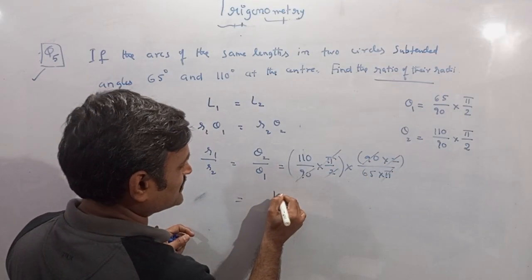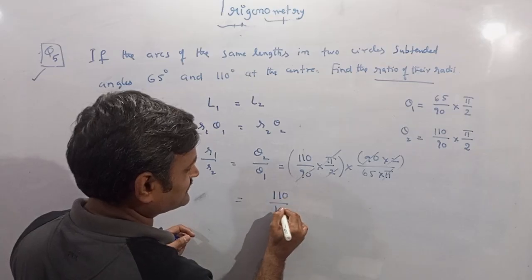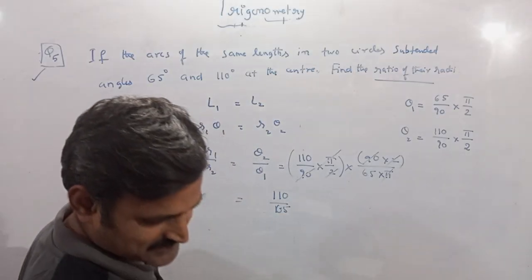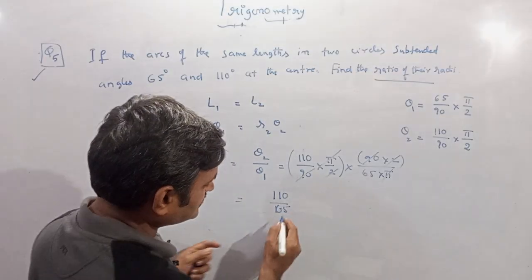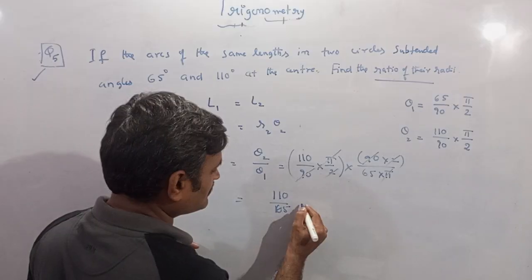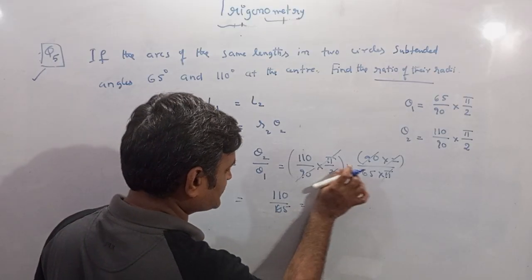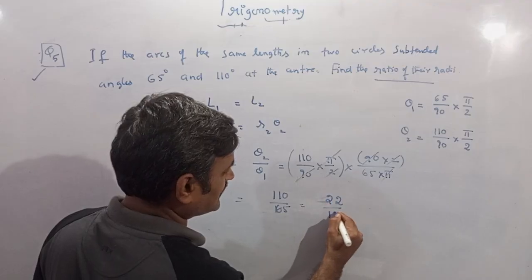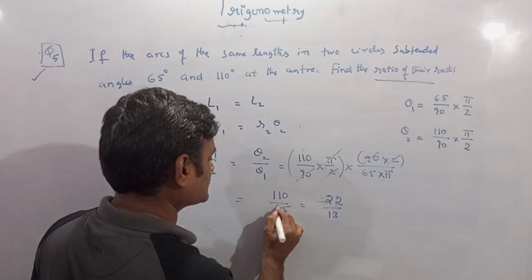The remaining is 110 by 65. If you simplify this, 22 times 5 is 110, 13 times 5 is 65.